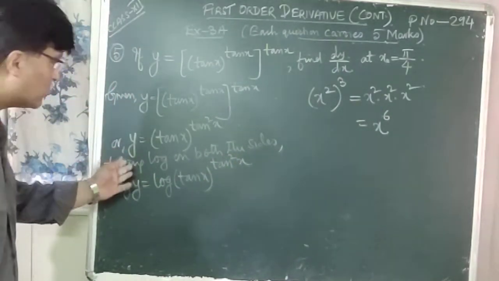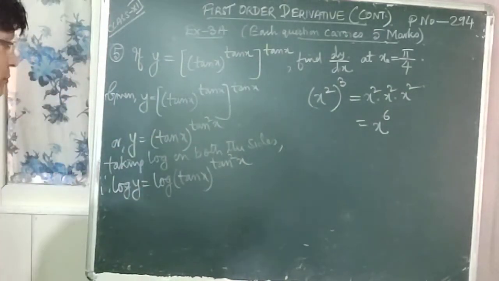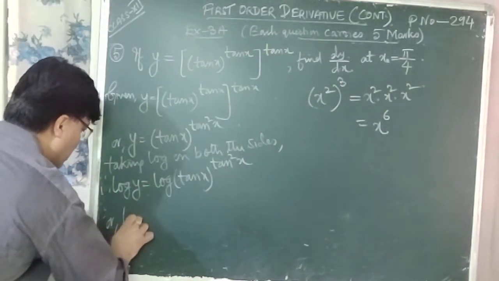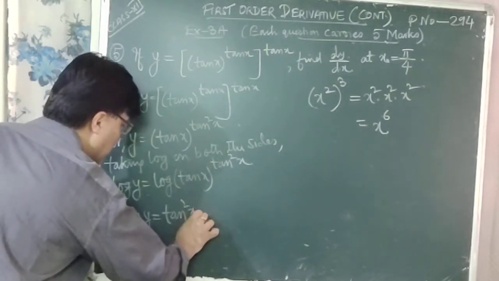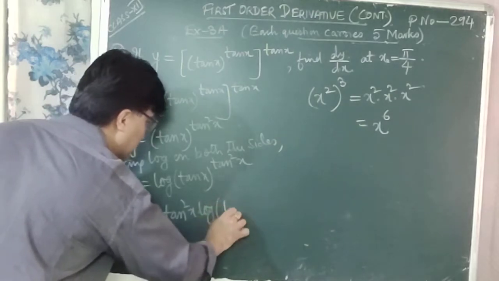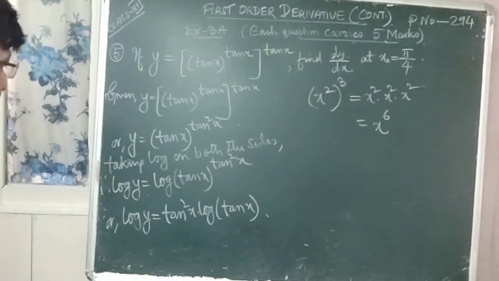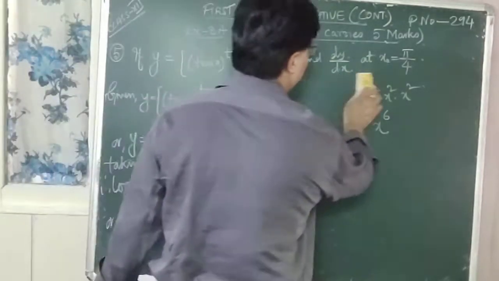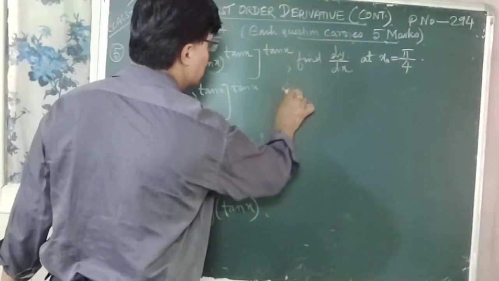Now we can simplify the right hand side. This tan square x power becomes the coefficient because of that log. So log y is equal to tan square x into log of tan x. Okay. Now we can differentiate both the sides with respect to x. So write down differentiating both the sides with respect to x.